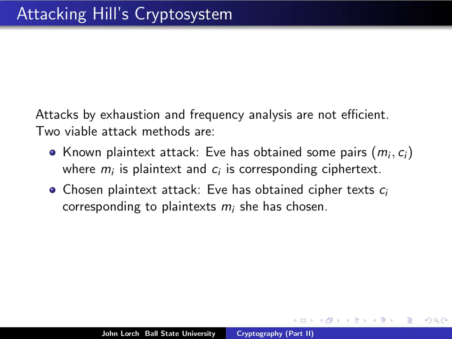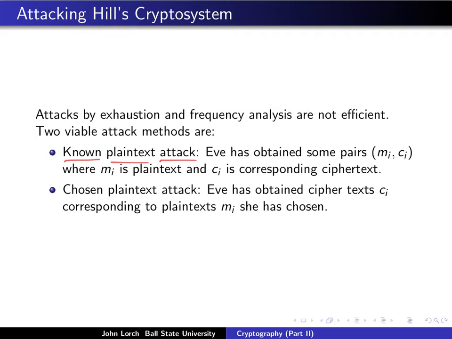So just like with the Vigenère cryptosystem, for Hill's system, attacks by exhaustion and frequency analysis are not efficient. So there are a couple of viable attack methods, however. One is what's known as a known plaintext attack. Here, Eve has obtained some pairs, M sub I, C sub I, where M sub I is plaintext and C sub I is the corresponding ciphertext.